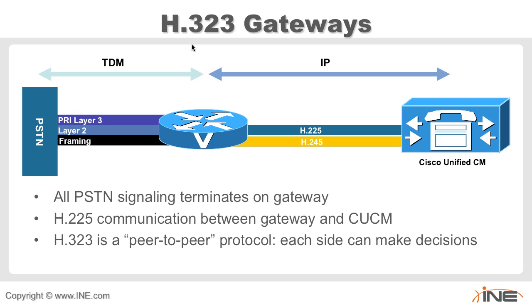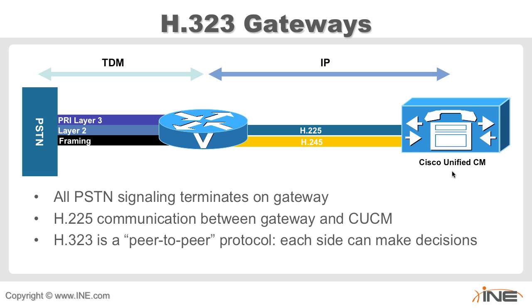Another thing is a proxy. Okay, so gateway, gatekeeper, terminal, MCU, and finally proxy. H323 proxy is, again, something CUBE or unified border element does. Okay, so it can provide IP to IP services. It can proxy on behalf of, or think of it as a trusted relay point, really.